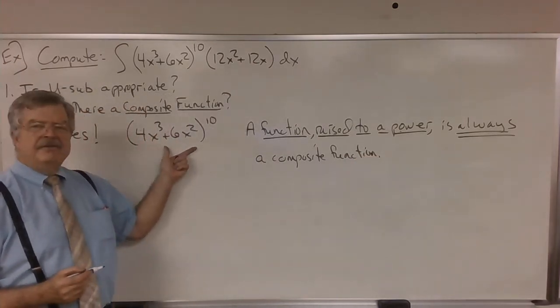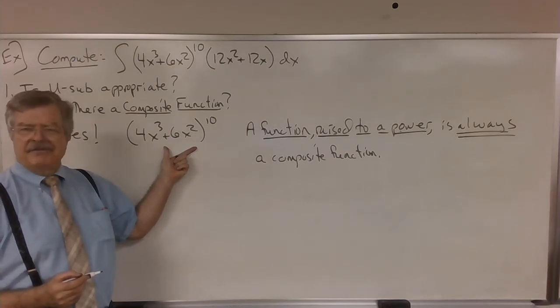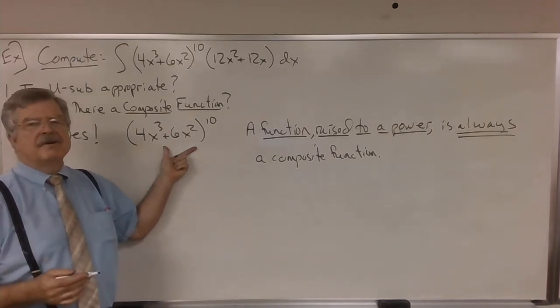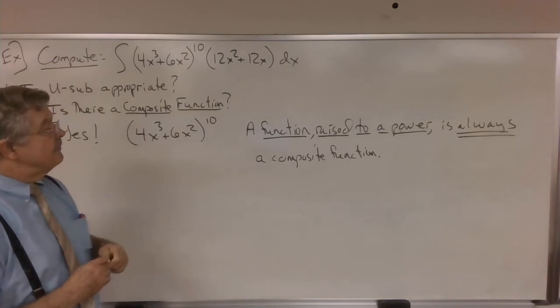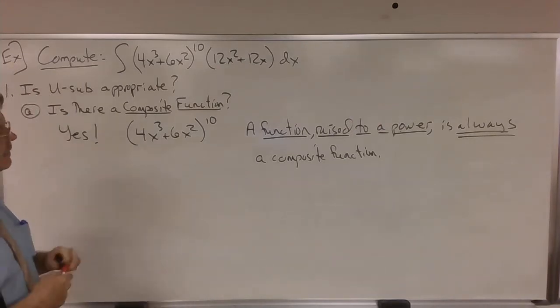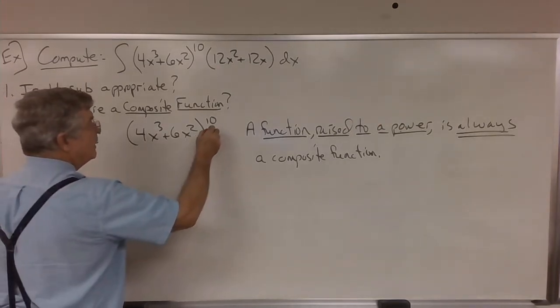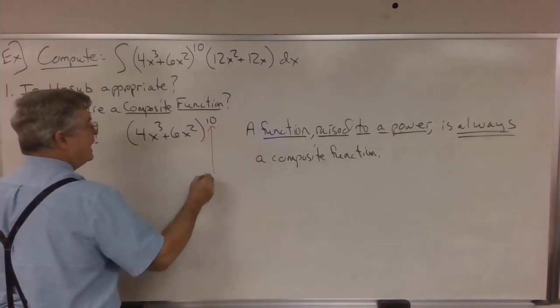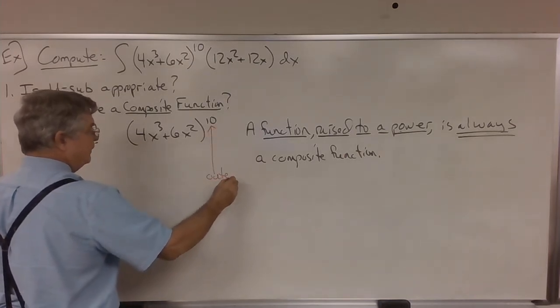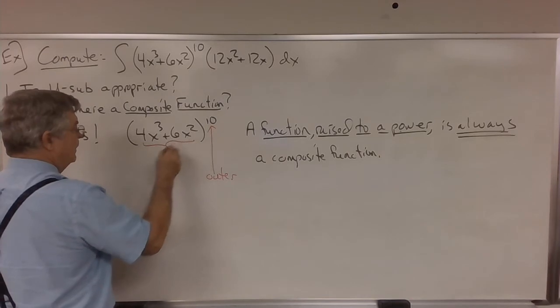This can be easy to overlook because physically it looks different than all other composite functions. But a function raised to a power, that is a composite function. And this is going to be the outer, the raising of something to the 10th power. And this will be the inner.